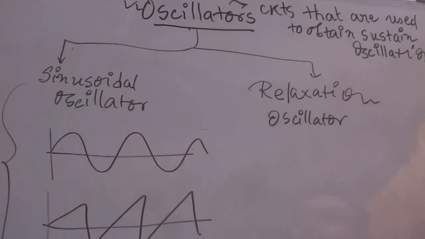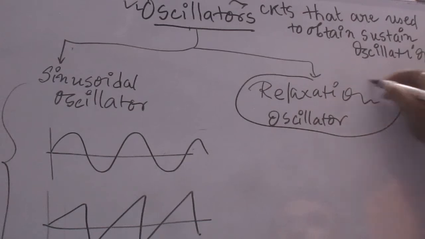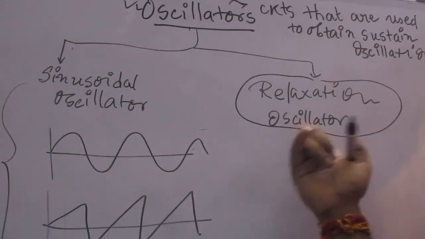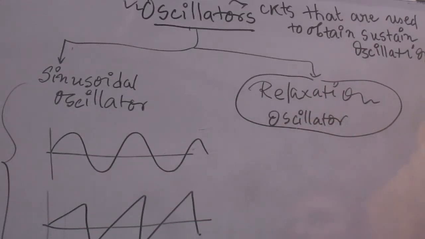And the second one is the relaxation oscillator. It should not have any periodic motion. I have a great example regarding the relaxation oscillator that you will notice if you have a washing machine.